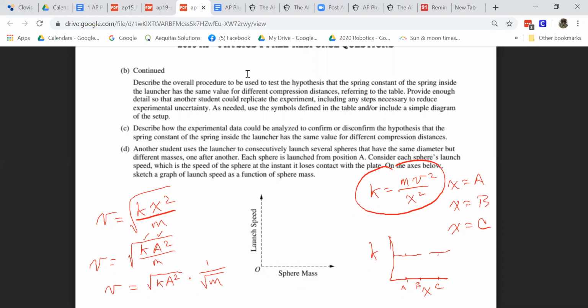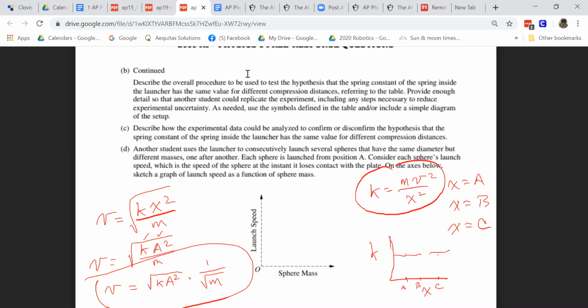So as the mass gets bigger, the velocity gets slower. Now, what would this function look like? Well, let me put in some numbers here. I can't really remember, what does 1 over the square root of x look like?